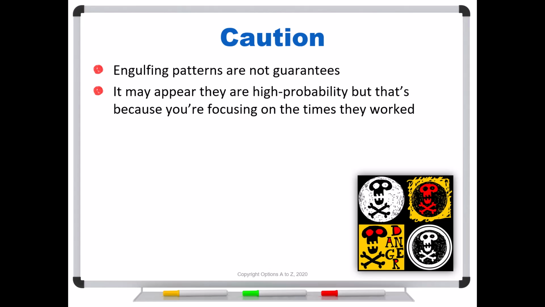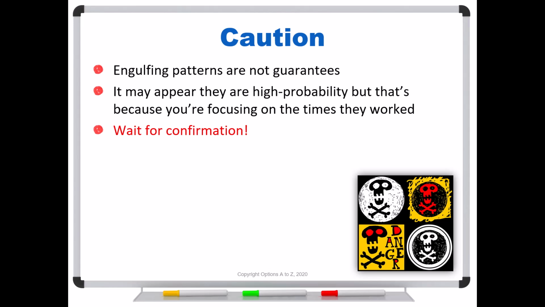Well, there were probably 20 times before that where you got engulfing patterns and it didn't work. So one of the things to take from this is that you always want to wait for a confirmation. It's not really enough just to get that second candle and then act on it. You really want to see if we are actually at a turning point. Of course, even that is no guarantee, but it's certainly better than just acting on that second candle.